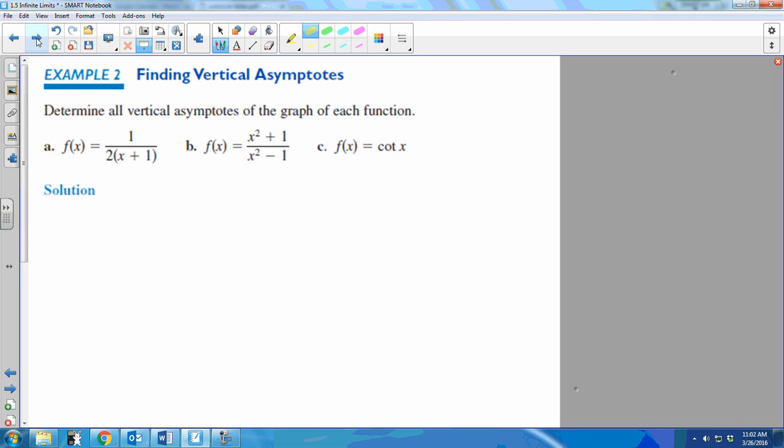So we're going to find some vertical asymptotes here. For A, we're determining all vertical asymptotes of the graph of each function. So for A, we have 1 divided by 2 times the quantity x plus 1. So again, we're looking for what x values cause the denominator to be 0.